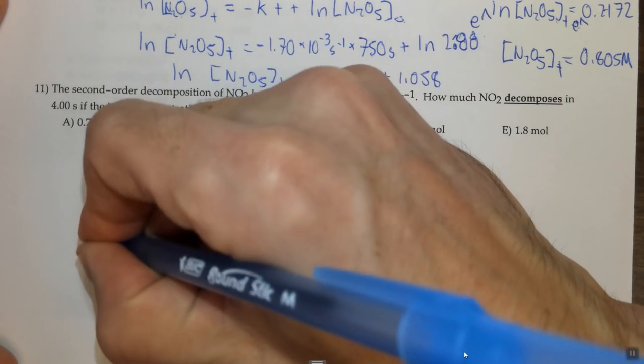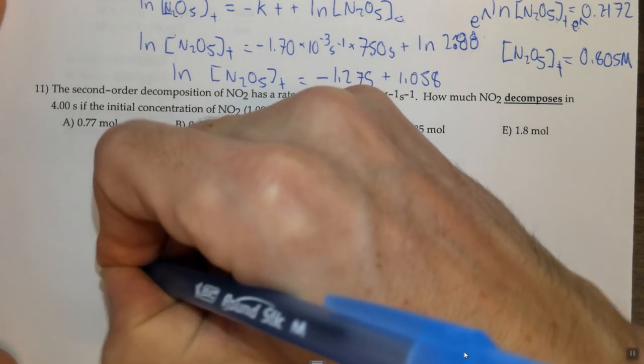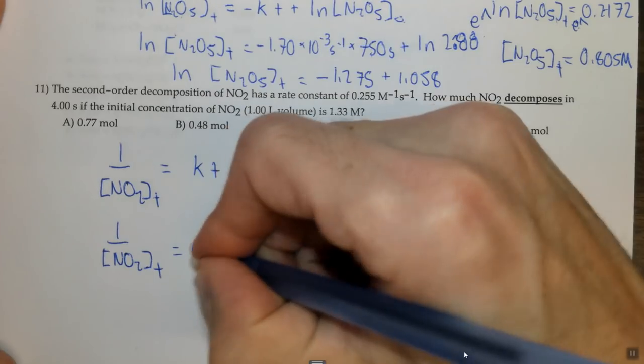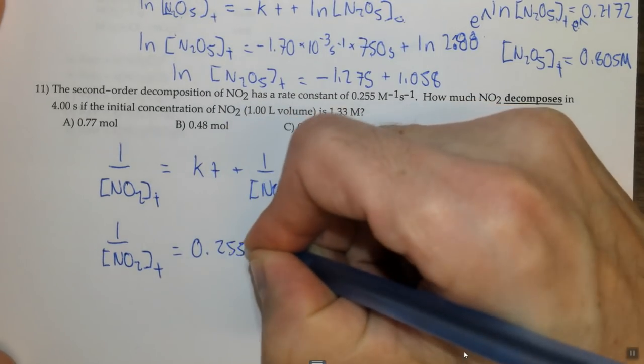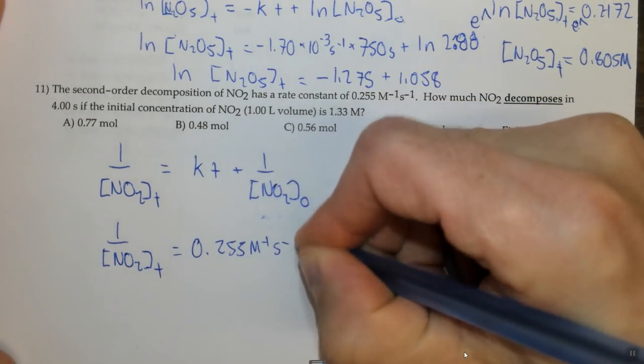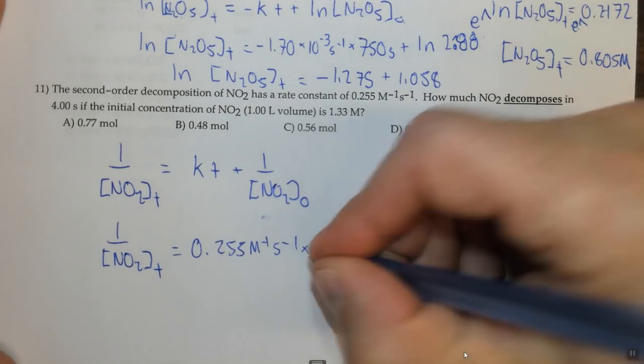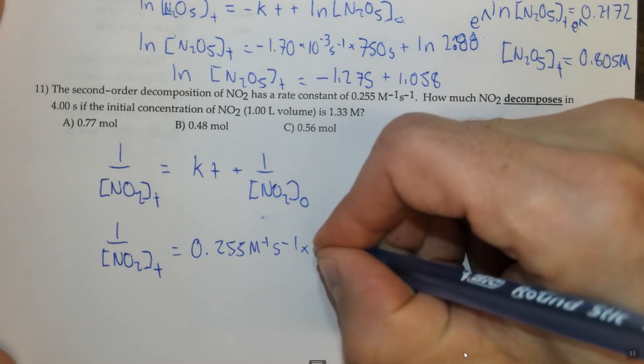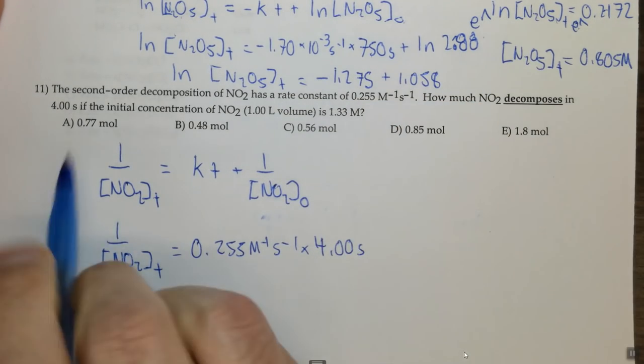So 1 over the concentration of NO2 at some time equals k. k is given, 0.255 molar to the minus 1, seconds to the minus 1, times the time that we're given, which is 4 seconds. It's given here.